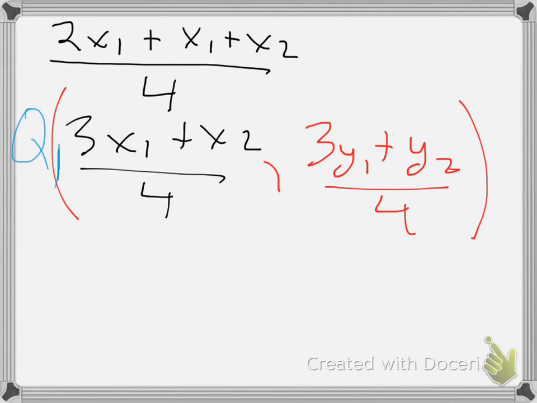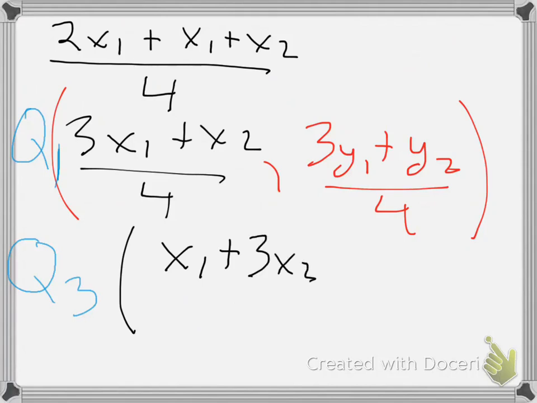Okay? You can do an exact same exercise for Q3. I'm going to leave that for you to do, but Q3, if you try it and you want to do it right, it's going to look like this. Q3 is going to look like x1 plus 3x2 over 4.